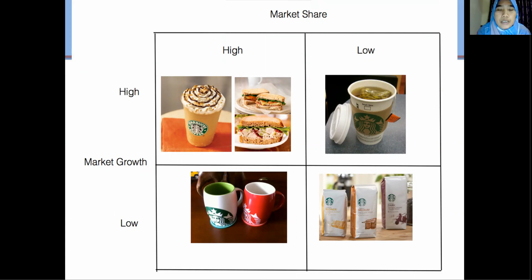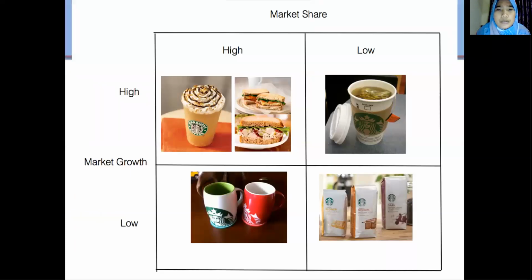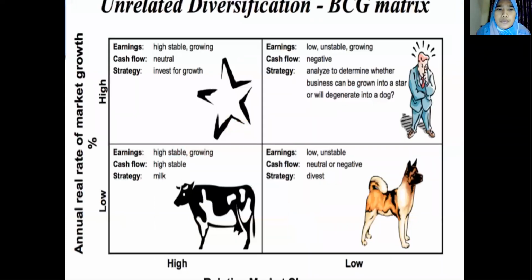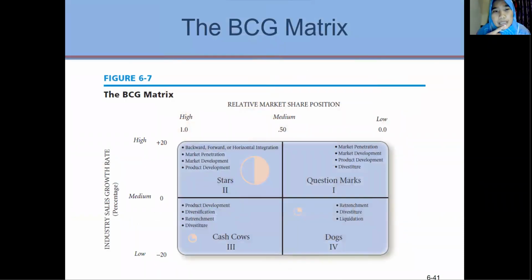So diorang ada merchandise, ada like the coffee beans itself, the drinks, food, and also dia punya frap tu in star. Okay, star yang situ, yes, star, right? So kalau untuk cash cow pula diorang for this example, for example dia letakkan merchandise, but I'm not so sure whether that's true. For the sake of showing you an example.